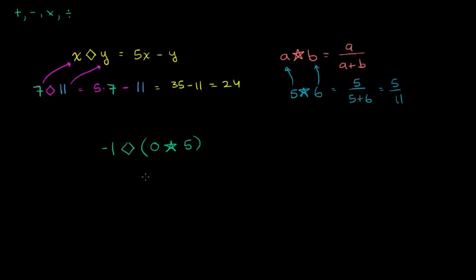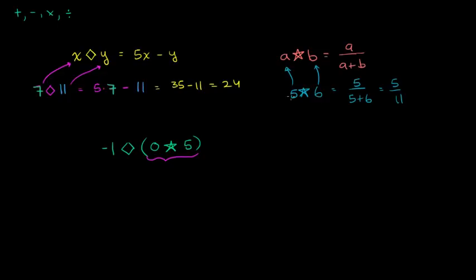And once again, we just focus on parentheses, because that's the only thing that's telling us what to start on first, because we haven't defined whether diamond takes precedence over star, or star takes precedence over diamond, the way that we have that saying that, hey, you do multiplication before you do addition. We haven't defined it for those operations, but that's what the parentheses helps us do. So we want to evaluate this parentheses first.